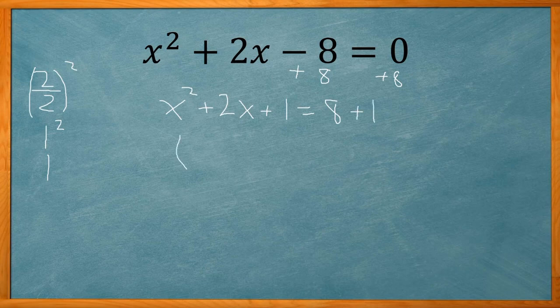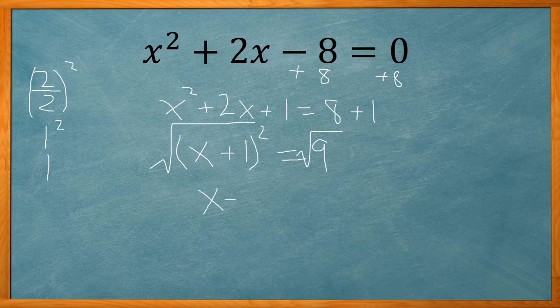To make this side a square, it's going to be x plus 1. Again, if I FOIL, I'll end up with x squared plus x plus x plus 1, and then combine like terms to get the 2x in the middle. And on the right side, that adds up to 9. Then I take the square root of both sides. That leaves me with x plus 1 here, and then plus or minus 3.